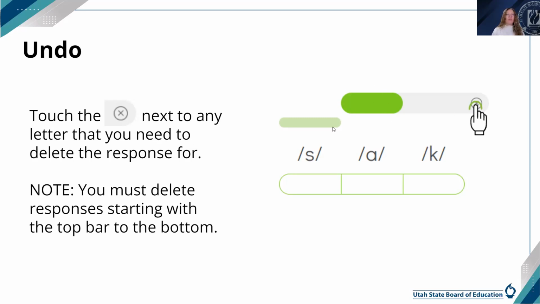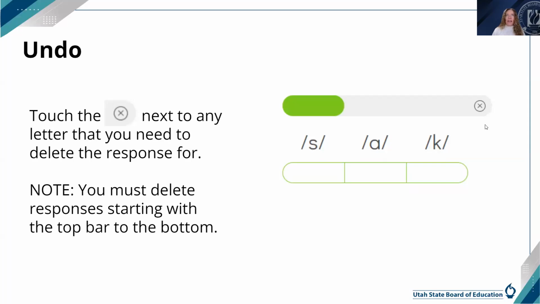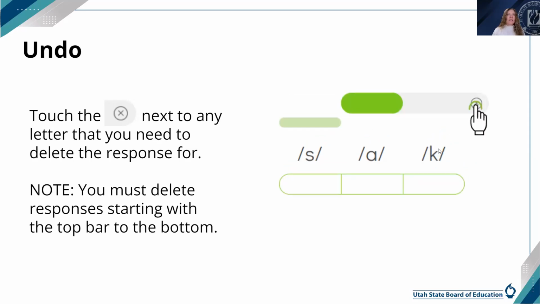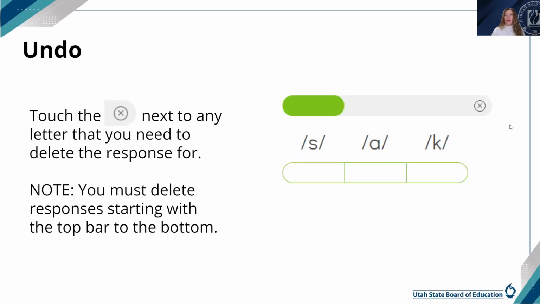So if the student said sa and you touched S and A and created segmented sounds instead of a blend, you would need to touch that X next to the A bar, then touch that X next to the S bar, and then you could rescore that item by swiping across the SA together. So you can only delete the top bar that has the X next to it, or if you need to change something again.